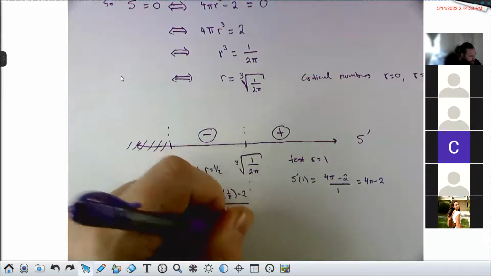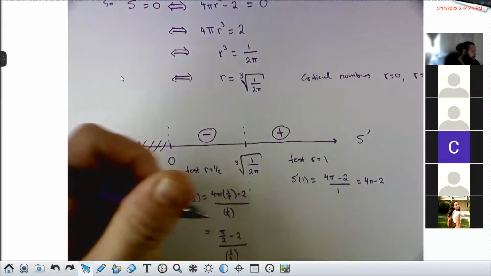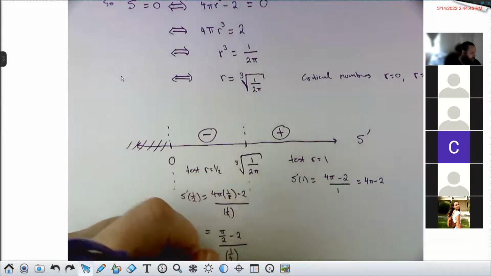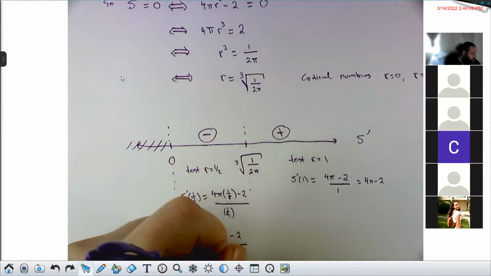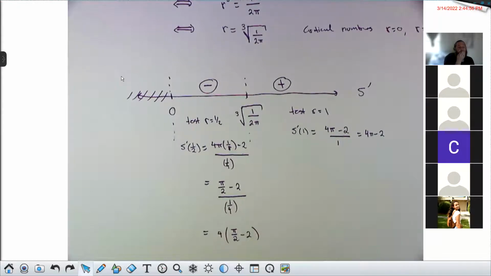So I have pi over 2 minus 2 divided by 1/4, which is 4 times pi over 2 minus 2. Again, pi is in the neighborhood of 3. So pi over 2 is like 3/2 or 1.5. So pi over 2 minus 2 is like 1.5 minus 2, which is negative, right? So we were correct. This is negative.